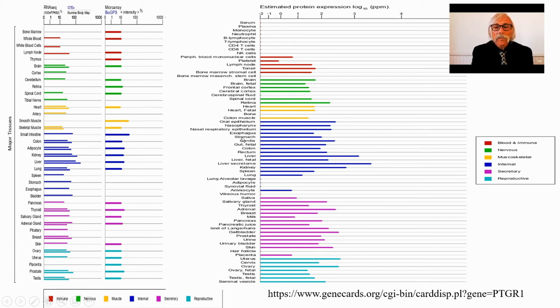A whole series of other organ systems, the protein is found: the colon, the rectum, the liver. Of course, it's important from that last paper. And ultimately also in a lot of reproductive systems: cervix, ovary, testes, again, okay, and the seminal vesicles. So you get the idea where the protein's expressed.